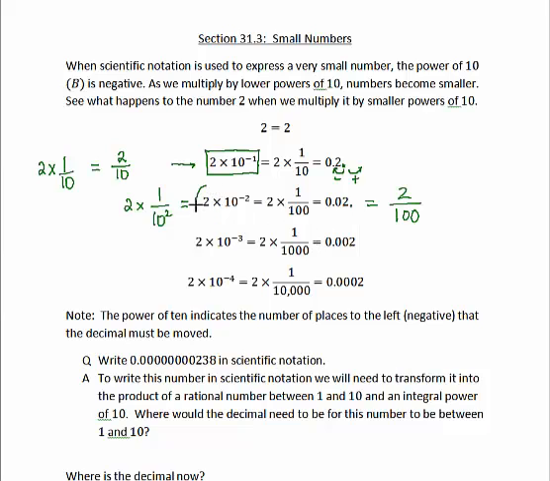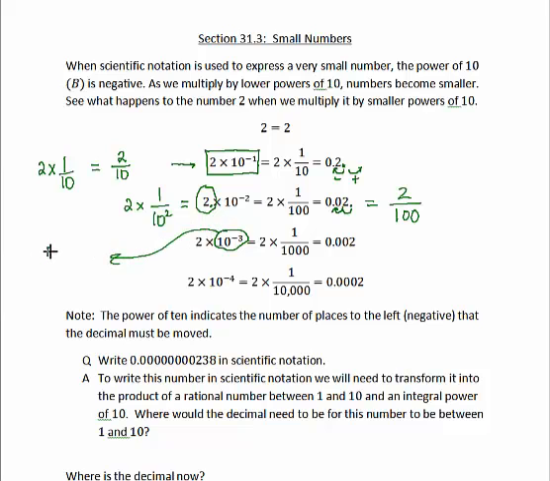We started with a 2 here, and the decimal point was right there behind the 2. And then the effect of the 10 to the negative 2 was to move the decimal place to the left 2 units, or 2 places. So we get 0.02.